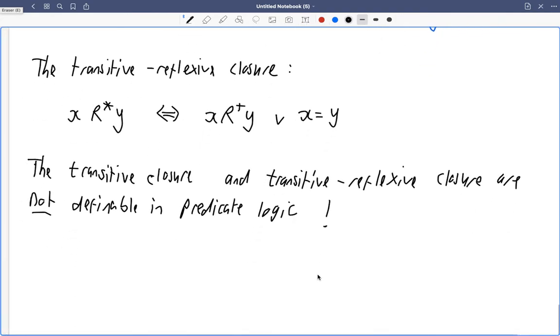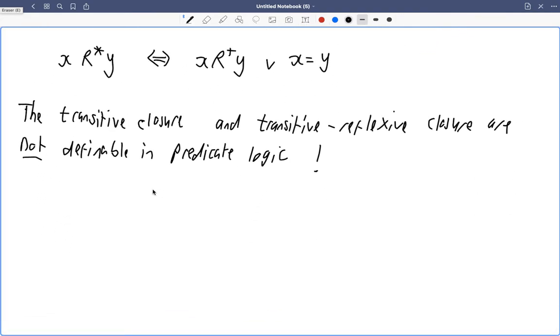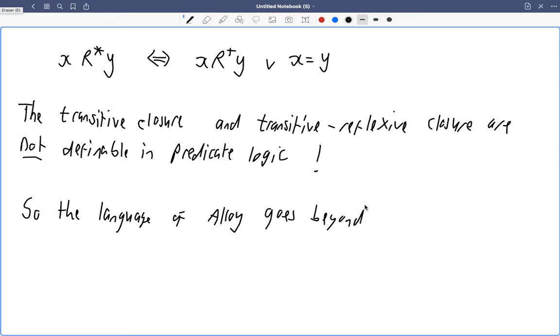So actually the language of Alloy gives us a language for axiomatizing properties. As we've seen, it actually goes beyond predicate logic.